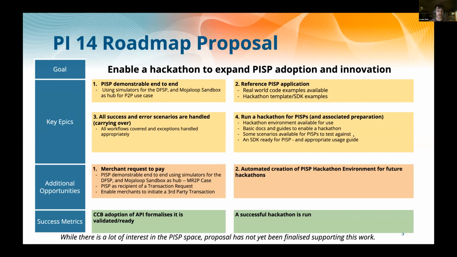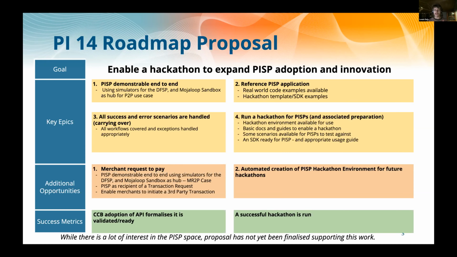So this is what we had down. In terms of resources, epic number 3 here is already covered by the existing resourcing that Google's been providing. So we definitely need people's help here. Now, I think there are also a couple of opportunities which you've highlighted around merchant request to pay, and there might be an opportunity to dovetail with what Paul has been sharing around QR code to merchant request to pay examples and enabling that for PISP.